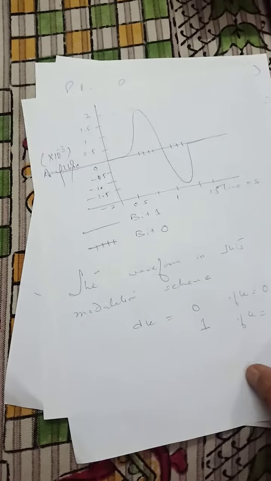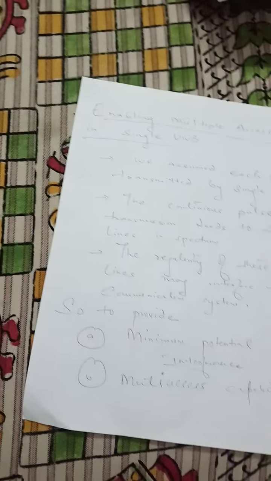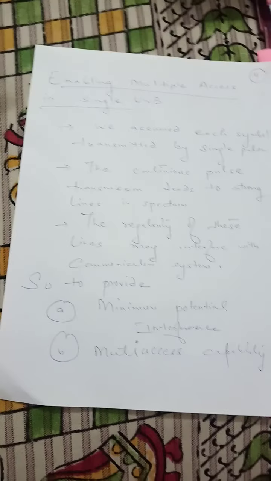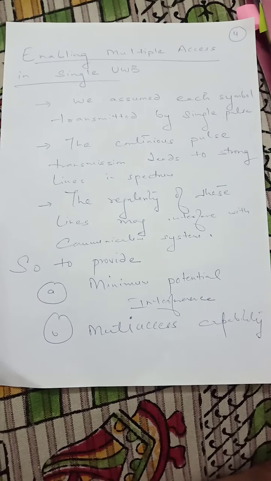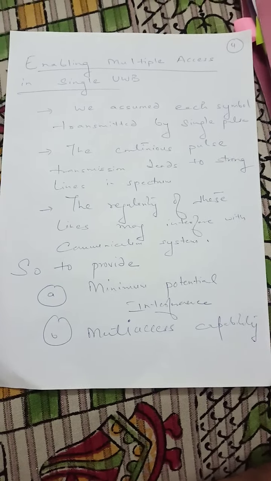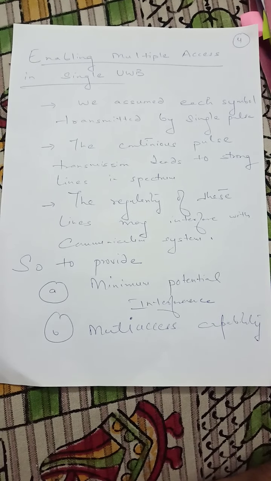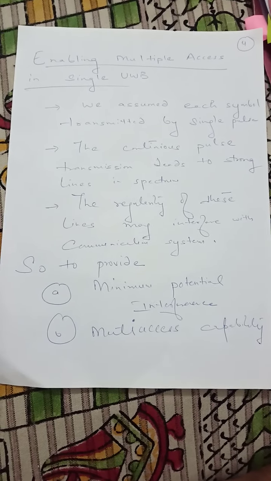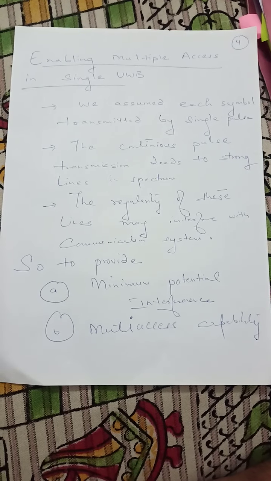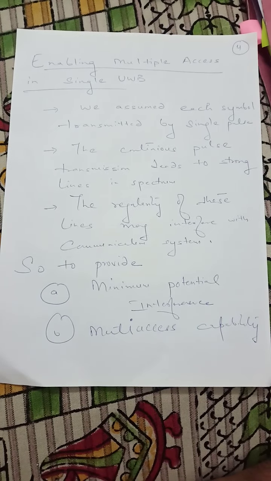Now we have discussed these techniques. These techniques are basically for single band ultra wideband modulation. Now if we want to have multiple access, in case of single band transmission, we assume that each signal is transmitted by a single pulse. The continuous pulse transmission leads to strong lines in the spectrum, which can lead to interference.